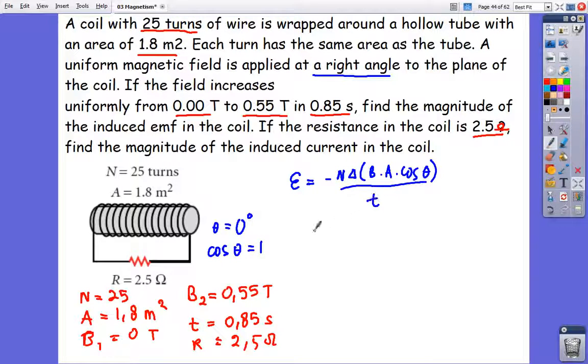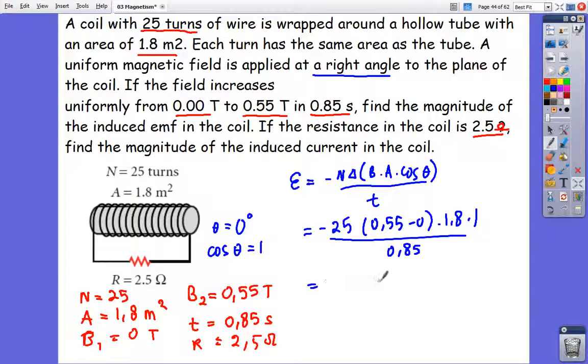Over time, minus 25 delta B. Because B is changing, B2 is 0.55 minus 0. A is the same, times cos 0, over time is 0.85. So what do we get here?